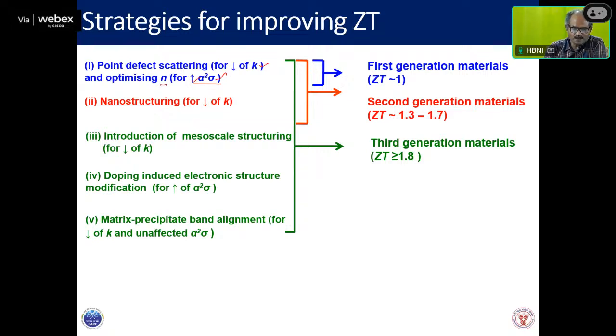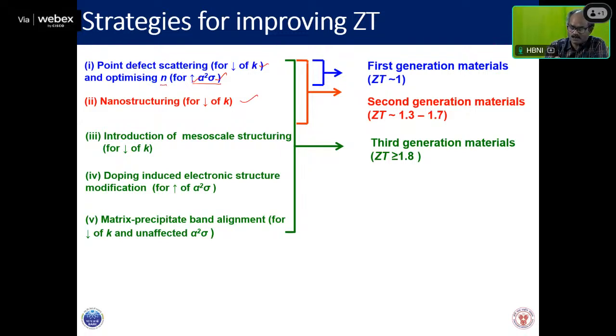There was another approach, nanostructuring: taking the material to a very fine powder, compressing it, and then doing hot pressing to make it further condensed. By this process also you can reduce the thermal conductivity.